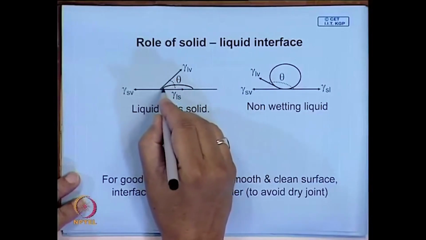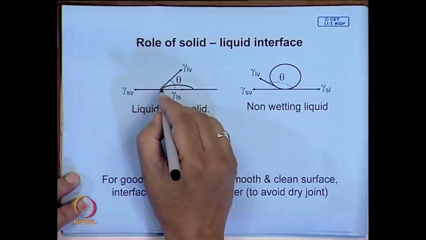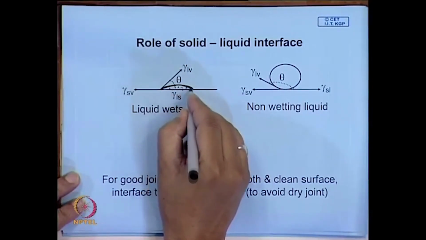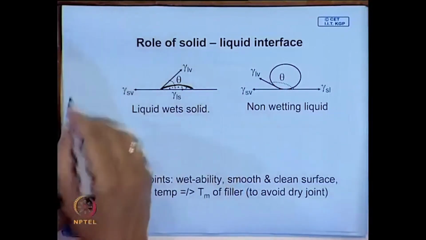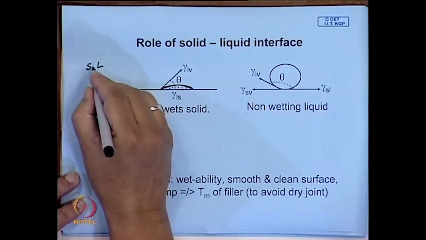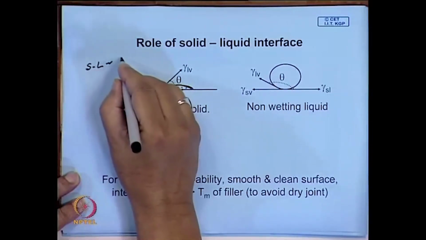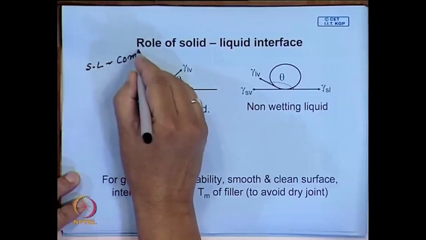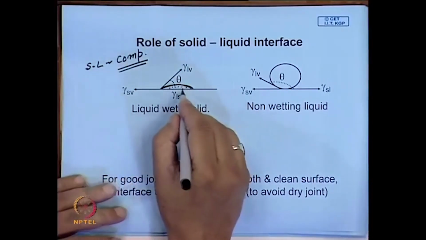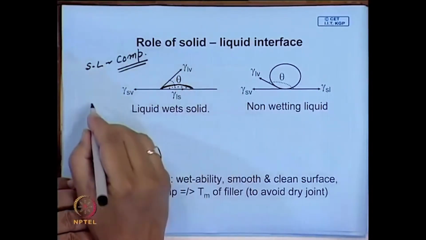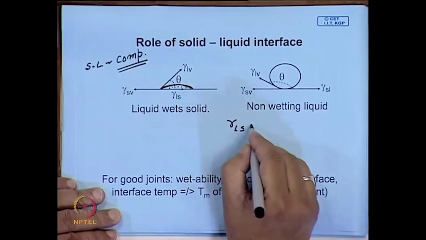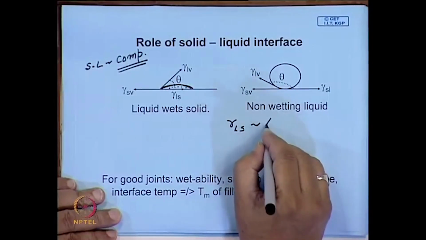Now, in the case of welding, the main difference is this is the molten pool of metal, and the metal that is solid and liquid have nearly the same composition. Therefore, it is very likely that gamma liquid solid will be very low.